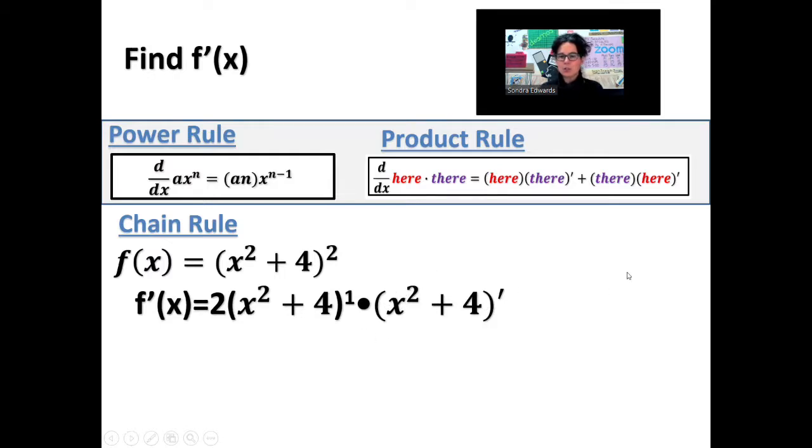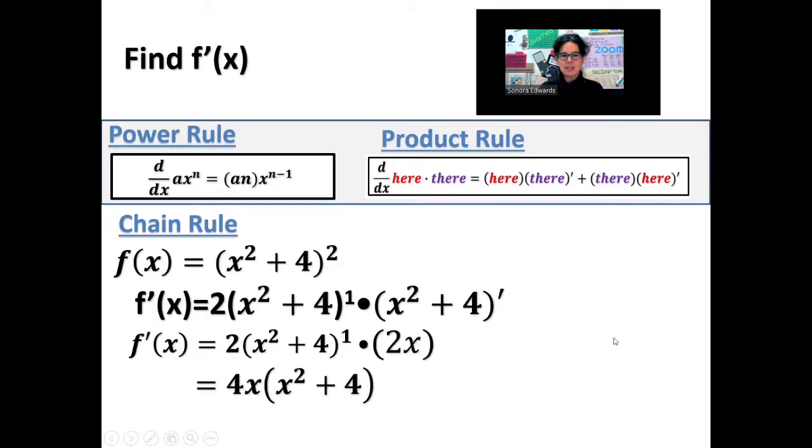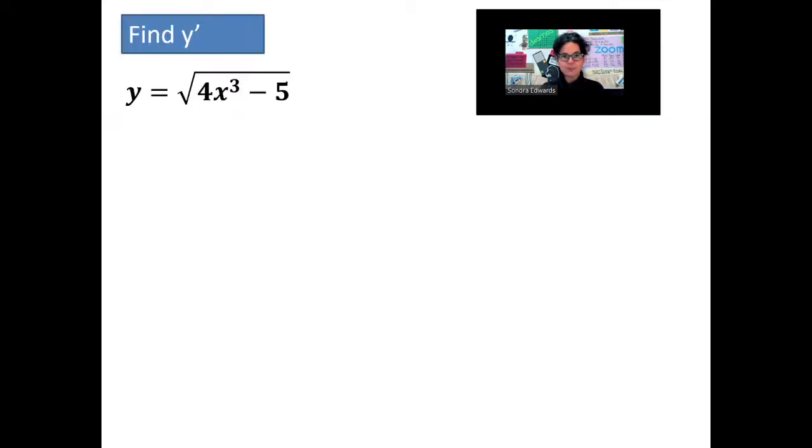So all that becomes 2x and everything else stays the same. Okay. And then a little simplifying could take place. Multiplication is commutative, so we have 2 times 2x times x squared plus 4. So we have 4x times x squared plus 4. Distribute that 4x through, and we have the same answer we got when we used the power rule and when we used the product rule.